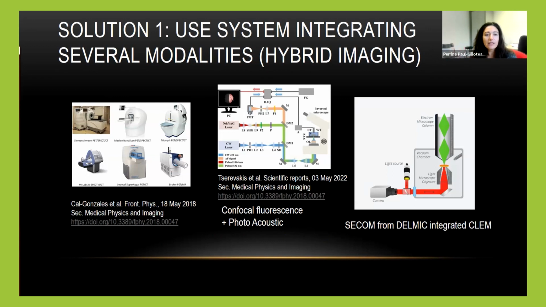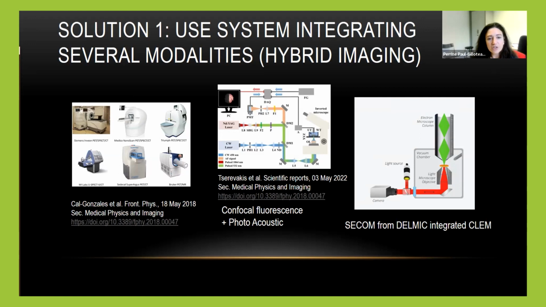The first one is to use some of these hybrid imaging systems, basically systems integrating several modalities in one system. There are plenty of examples in the medical field where you can find a PET scan, a PET MRI, or different systems integrating the modalities, so you can get two different pieces of information from the same system.